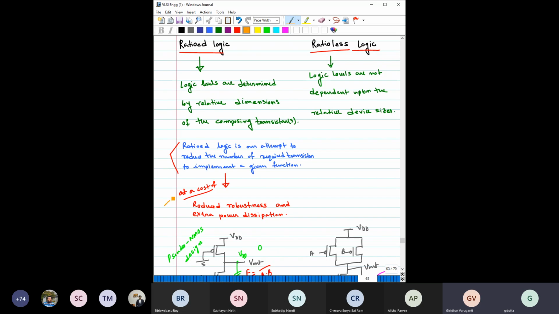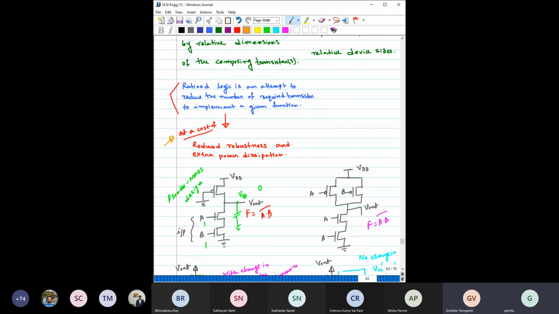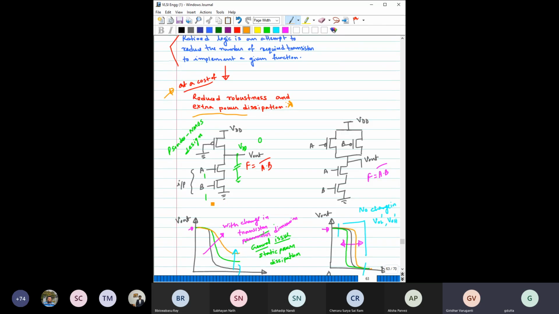So what is the price that we are paying here? We are reducing the robustness of our design, because the design is not as robust as CMOS. Robust in the sense that if you change something, your output voltage swing can change drastically. And the most important thing is the extra power dissipation, because this transistor is always on, there is a direct power path.